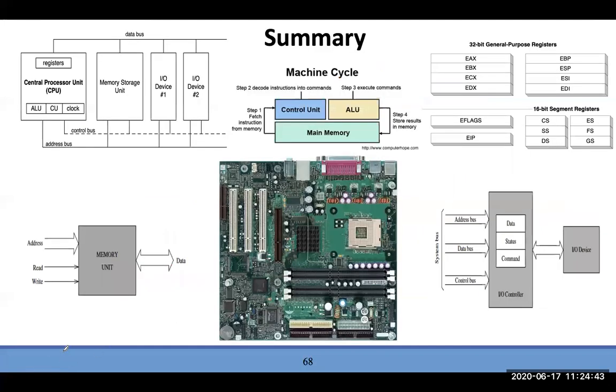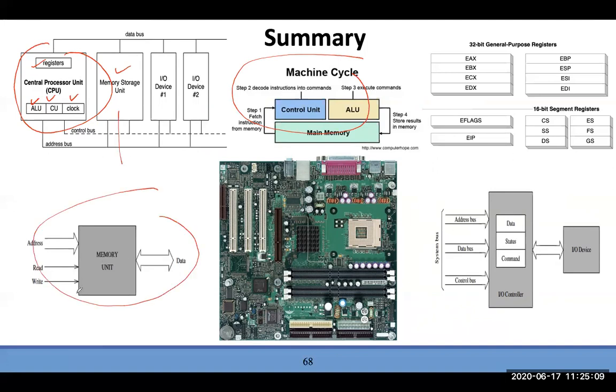Okay, so with that, I hope by now you understand the big picture of the computer architecture. So we know what a microprocessor is, and we understand the ALU, control unit, clock, registers, and the memory, and we understand the execution cycle. And when we talked about the execution cycle, we also covered the main memory read and write cycles.